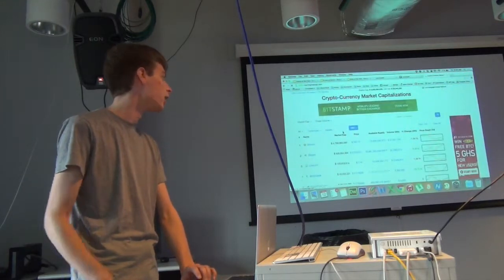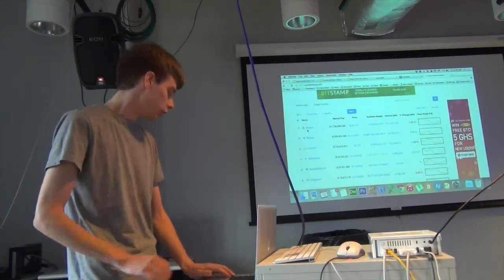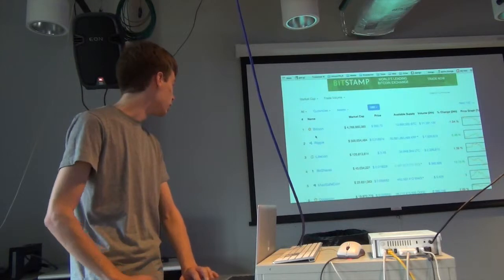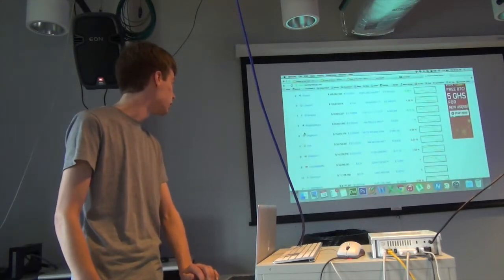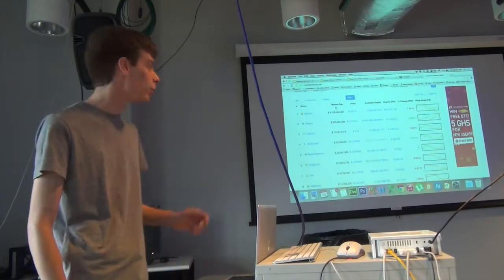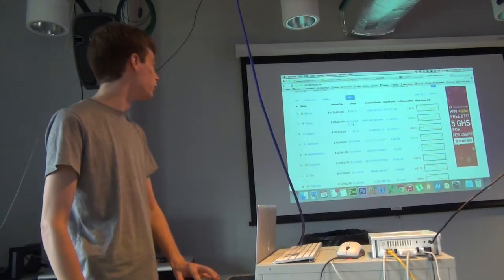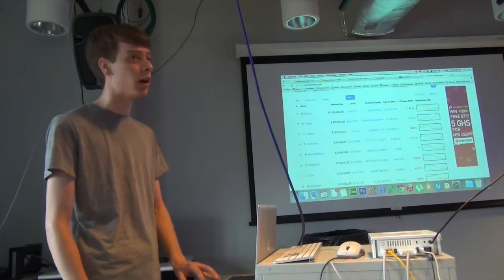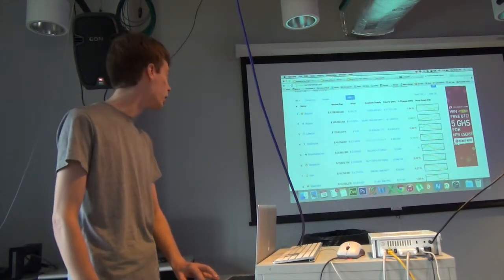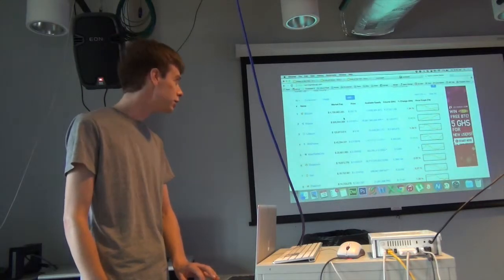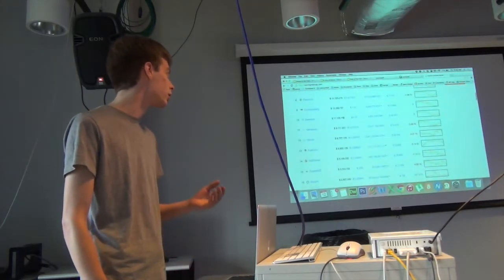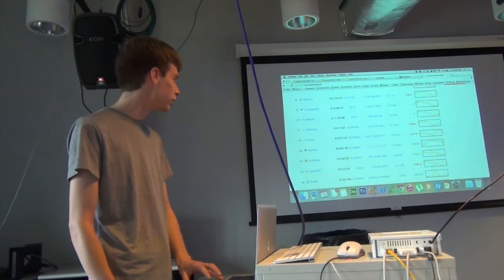Anyway, here's CoinMarketCap. Basically, it just shows a bunch of different Bitcoins and altcoins. And it shows you the market cap, which is how much money is invested in the currency at one time. I don't know if you can see this, but by Bitcoin it says $4.7 billion. So some of these have a lot of money in them, and some of them don't.